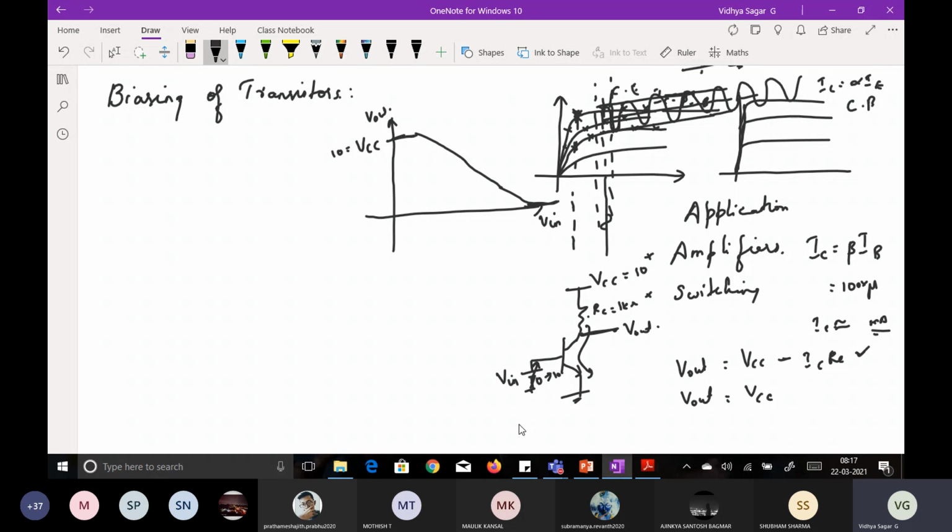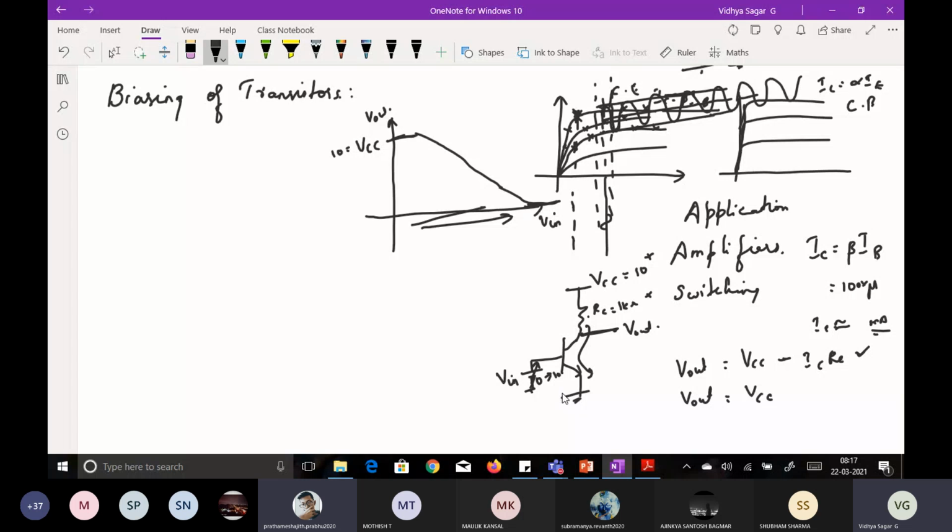When V in increases, the output decreases. Whenever IC RC reaches the VCC value, it goes off. It depends upon the increase in V in, so accordingly your IC increases. Clear?